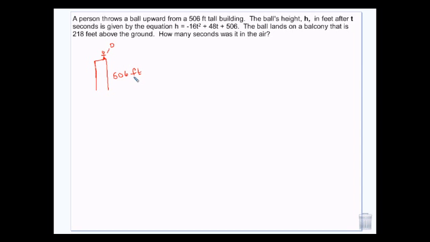Upward, it went more like this, right? The ball comes down and it lands on a balcony at 216, or 18 feet from the ground. So here's your balcony. Okay, so let me move the building height. Oh, too big.